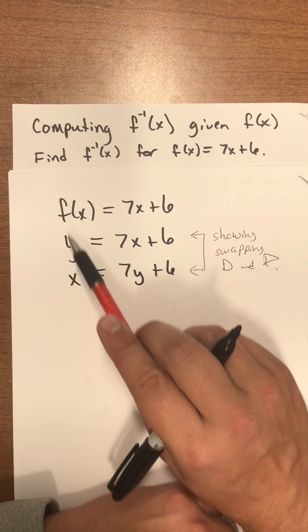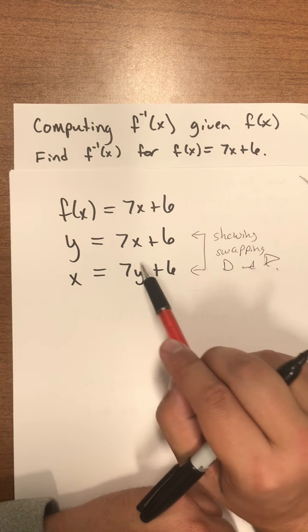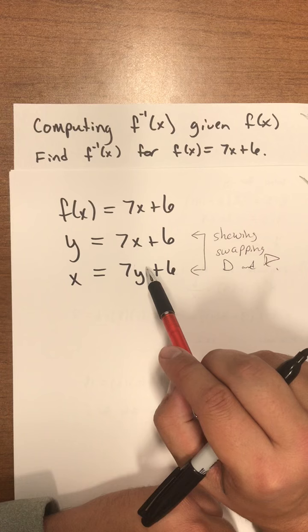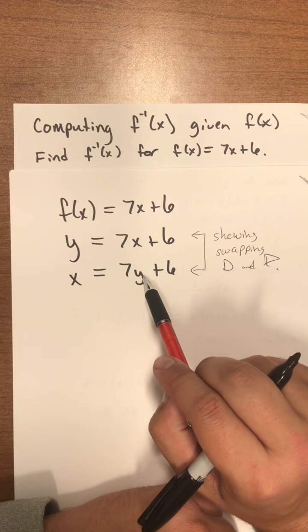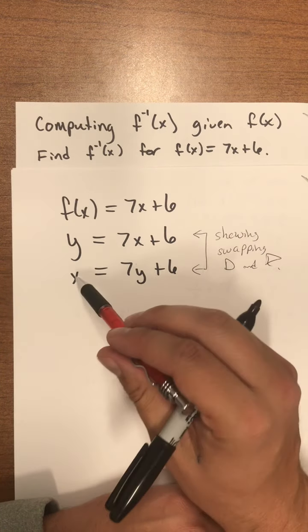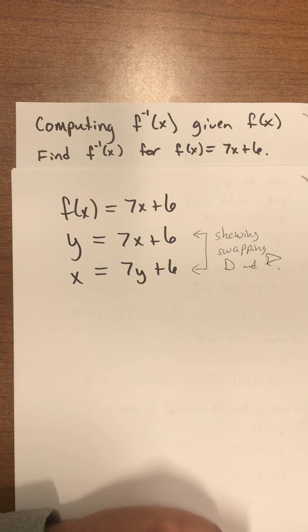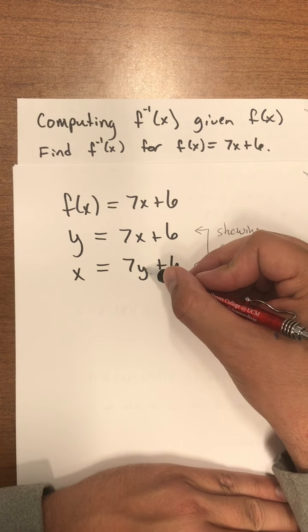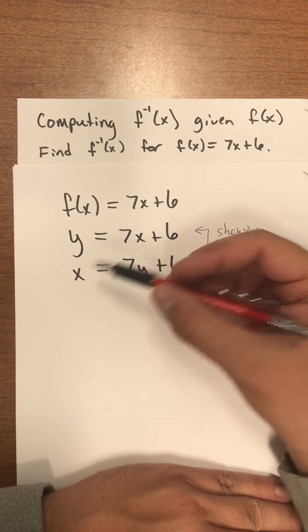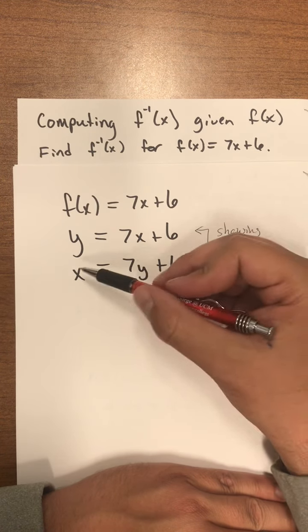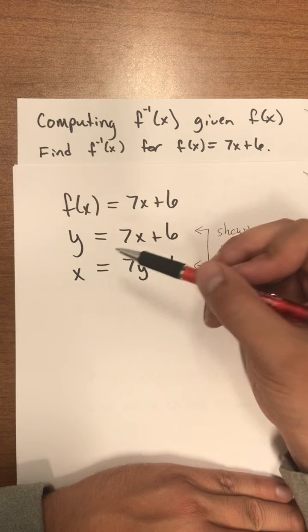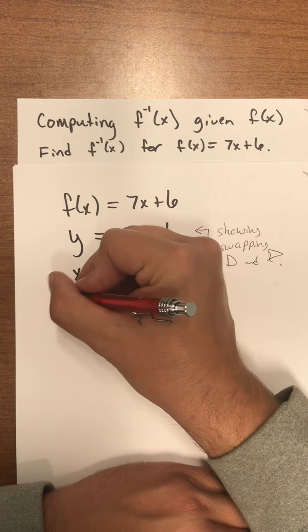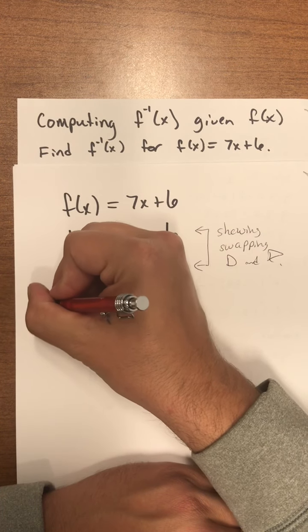So y is the range of f. Now, once we've made this swap, y is going to be the range of f inverse, and x is the domain of f inverse, now that we've made that switch.